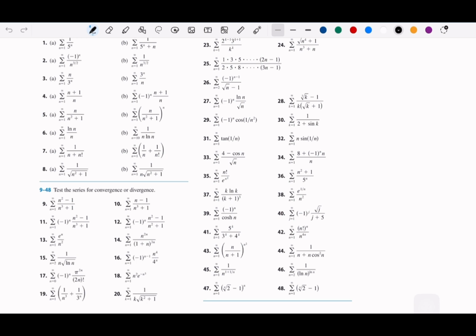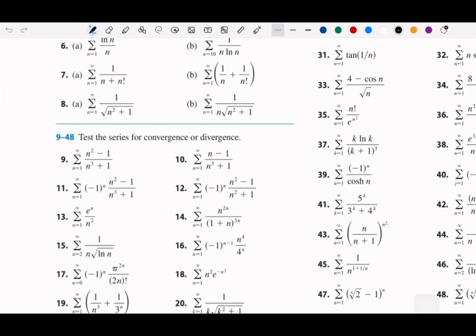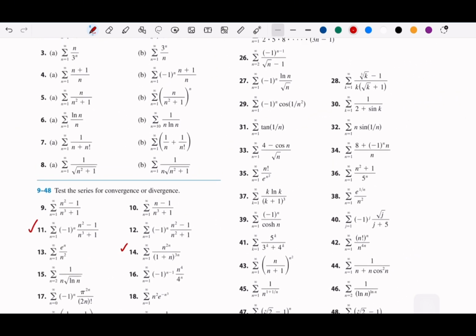I think we could start with maybe number 11 and number maybe number 14, maybe one more.